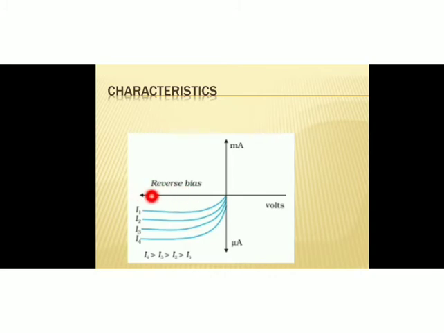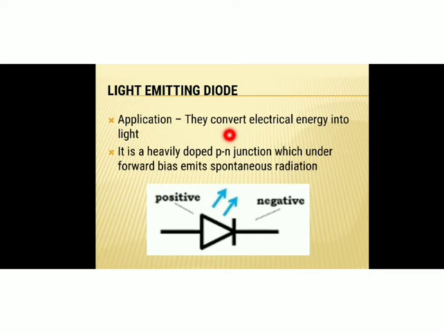Voltage is increasing but photocurrent is not increasing. Photocurrent takes a constant value, that means a saturated value. So this is the saturation region, but initially photocurrent increases with respect to voltage. So this is the VI characteristics of a photodiode, just like what we had discussed in our dual nature of radiation and matter. Next, we can discuss the light emitting diode.